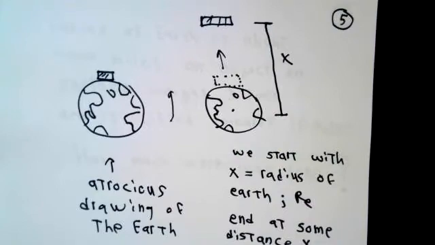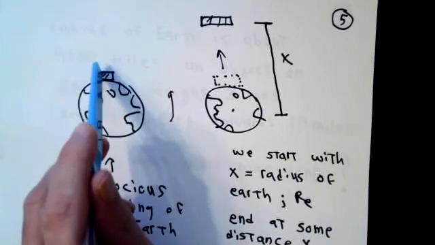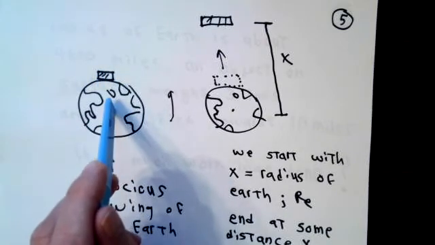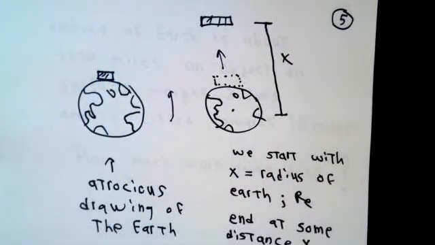So this time, the letter x is not going to represent the displacement from equilibrium of a spring. It's going to represent the distance of the object from the center of the Earth. So x is going to start off life being the radius of the Earth, and then we'll experiment maybe with putting different ending values in.